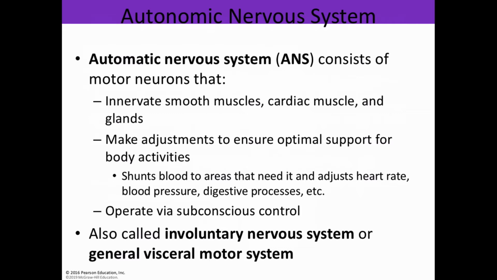I'll continue. So it controls things such as heart rate, blood pressure. In addition to heart rate and blood pressure, I'll say breathing rate, body temperature, and others which maintain homeostasis.